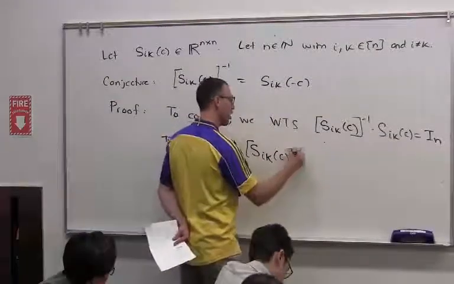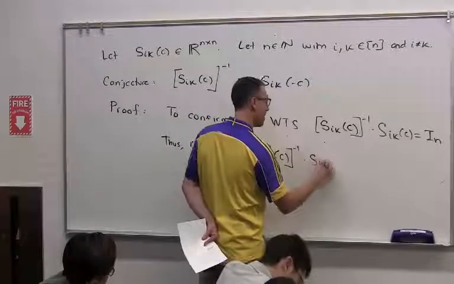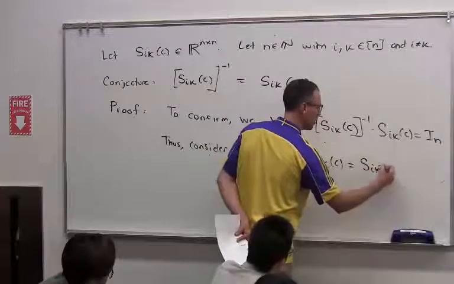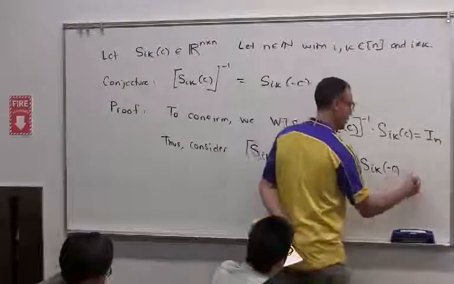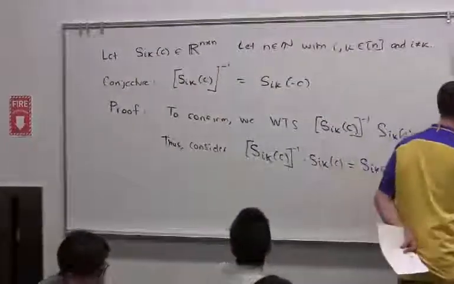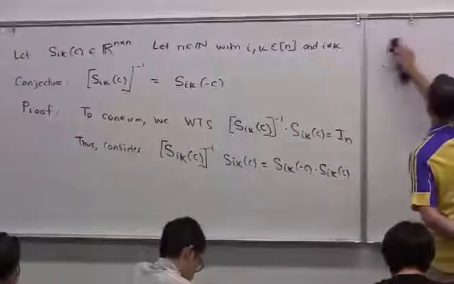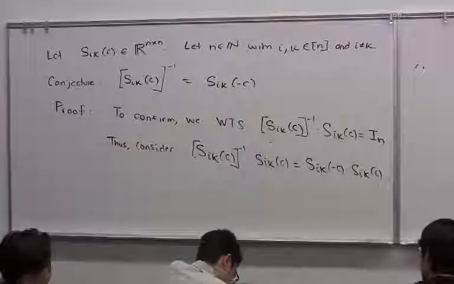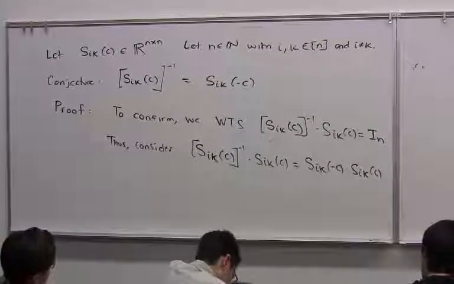What was the conjecture that we made about S_IKC inverse? What's the conjecture that we're making? Negative C, S_IK of negative C. What is S_IK negative C? What would that look like if I were to actually look at the darn thing?